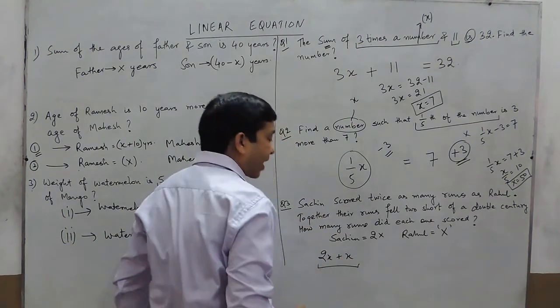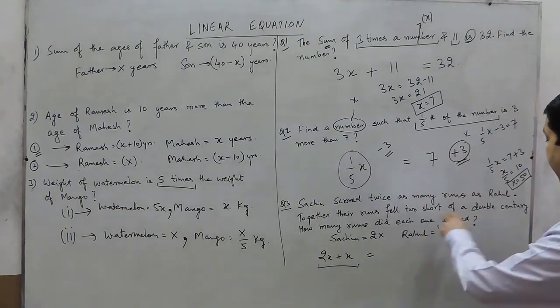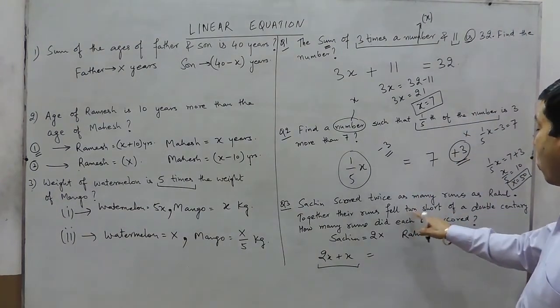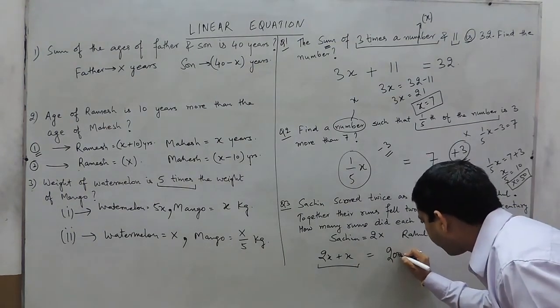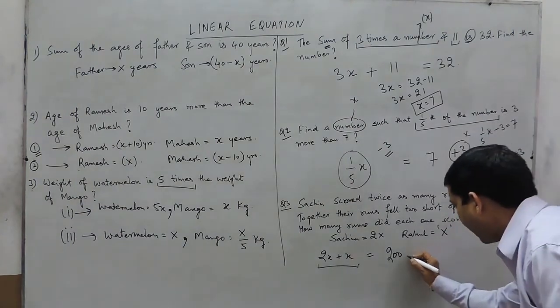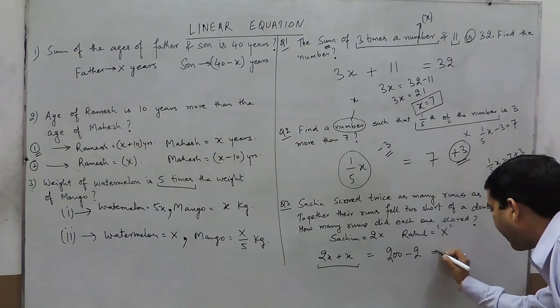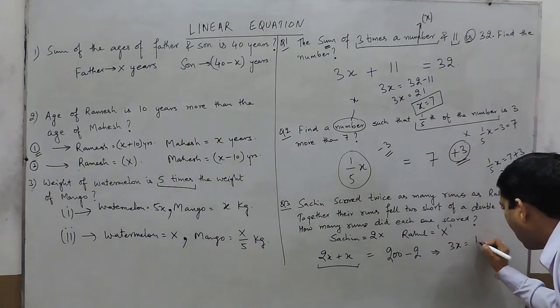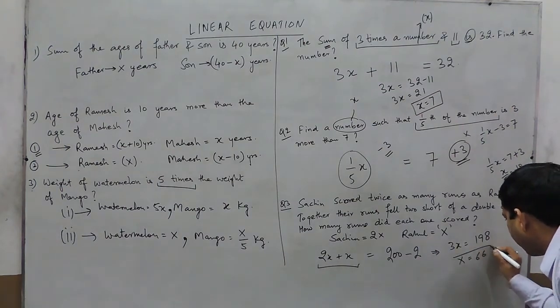The total runs together is equal to 2 short of the double century. Double century is 200, and when I am saying 2 short, that is 2 less than 200, so it is minus 2. If we solve this, it becomes 3x equal to 198 and the value of x becomes 66.